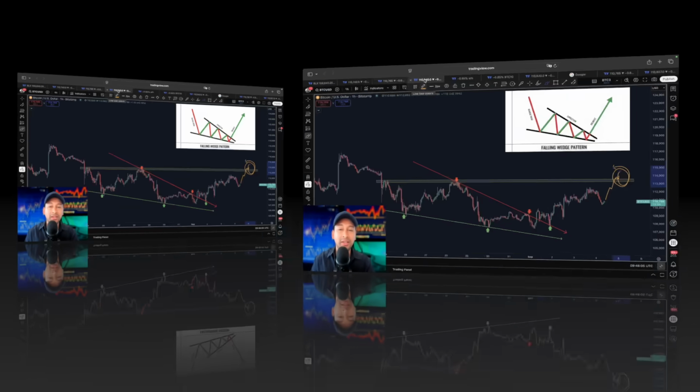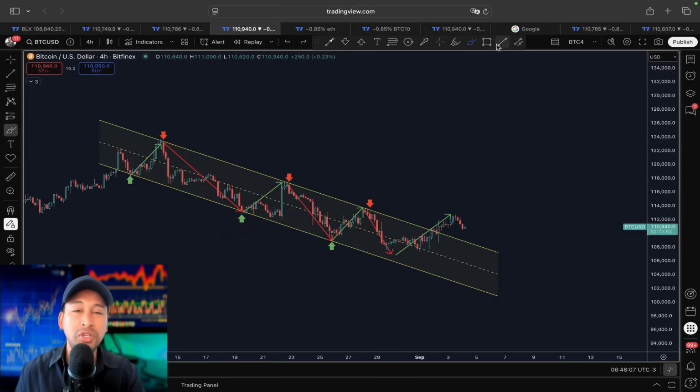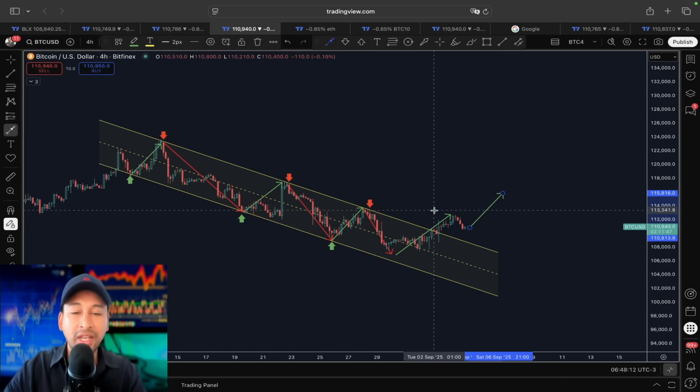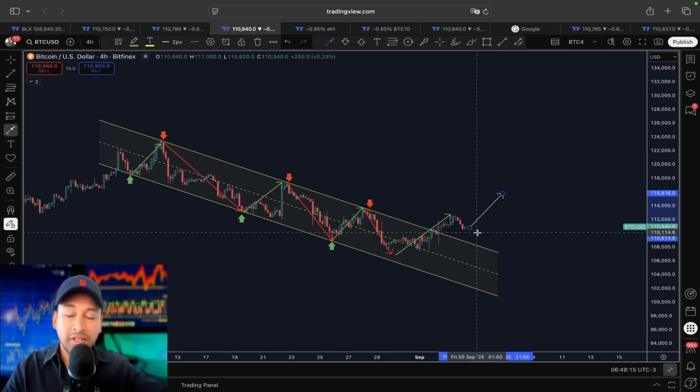And by doing that, Bitcoin parallelly will also continue with this bullish continuation. A falling channel, descending channel breakout usually results in a bullish continuation.